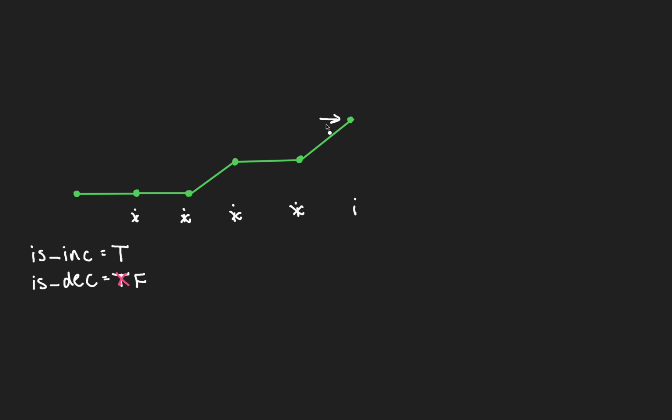This number is greater in value than the one before. Logically, we still have a monotonically increasing array, not a decreasing one. So remember, we'll do what we did before and set our isDec from false to false. So nothing really changes. We move on to the next iteration, where it's the same deal. We update isDec from false to false.